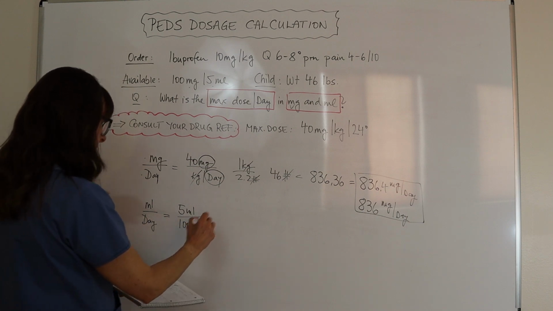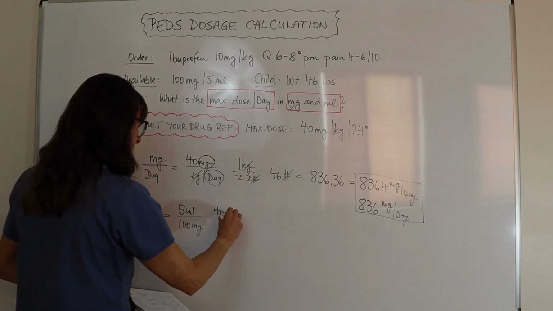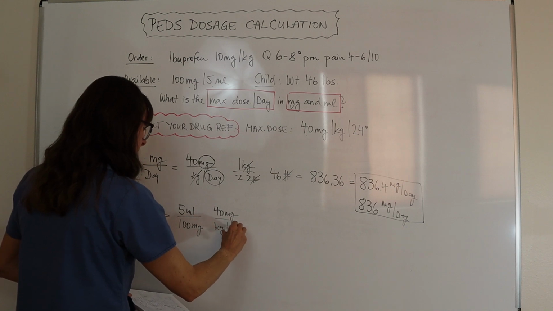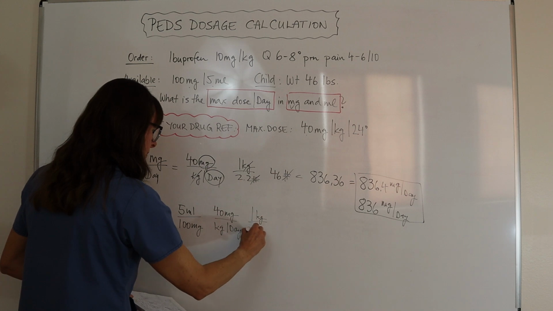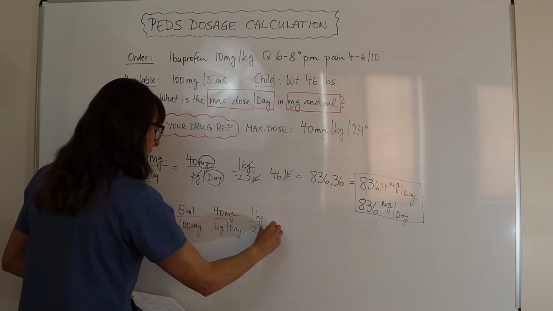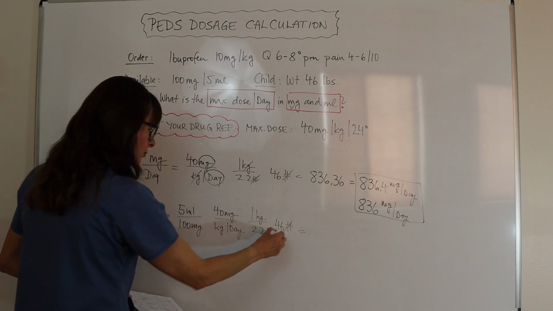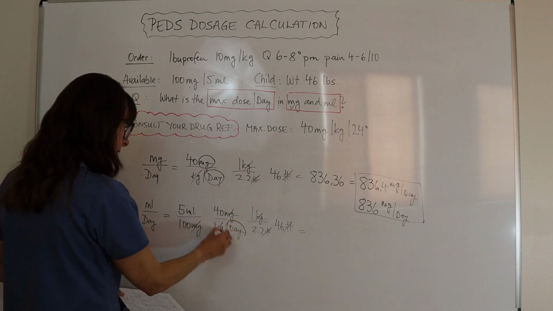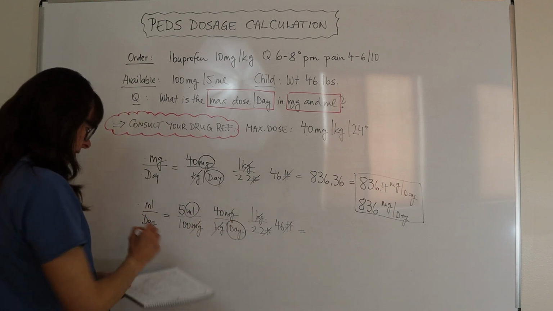And then again, I'll plug in my safe dose of 40 milligrams per kilo per day. I'll convert my kilos to pounds and plug in the patient weight. Same rule, cross-canceling all the units, I'm left with milliliters per day, which is what I was looking for.